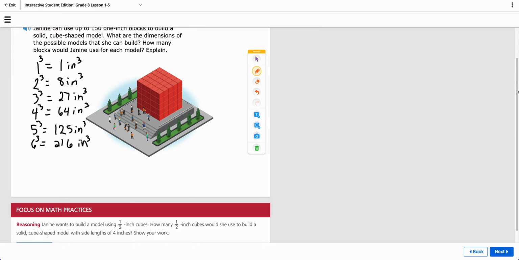You have to think about a couple of things here. She's using 1/2-inch cubes, but she wants to make the side lengths 4 inches. So how many 1/2-inch blocks does it take to make one side 4 inches? It's double. Remington. 64 times 2.